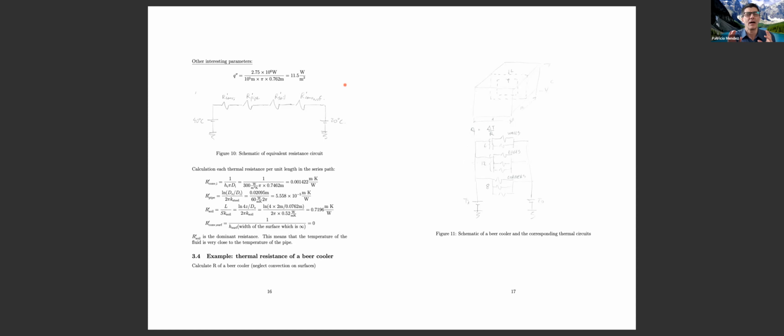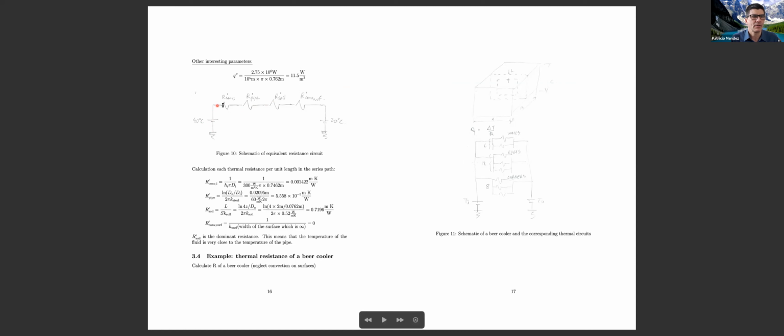Okay, how do we know the temperature of the fluid? Because we know the temperature of the soil just outside the pipe, we can look at the equivalent circuit.